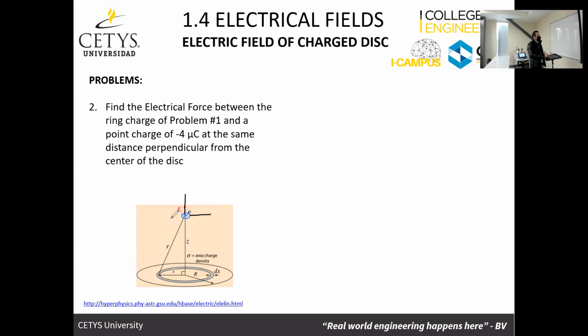And we know that there's an electrical field there. And so because of that electrical field, we're going to have a force. And that force is going to be an attraction force because the disk has a positive charge. And that force is going to be represented like this.